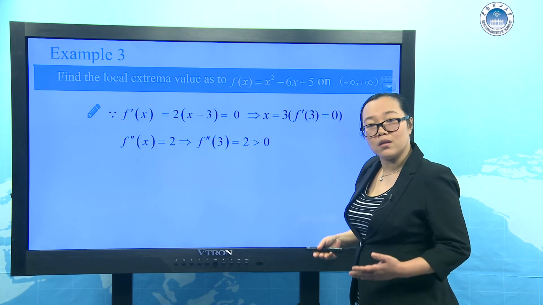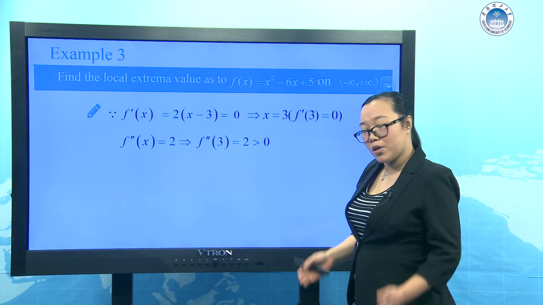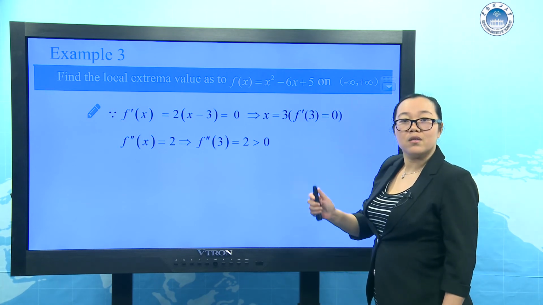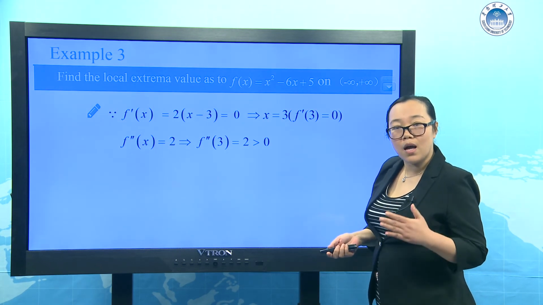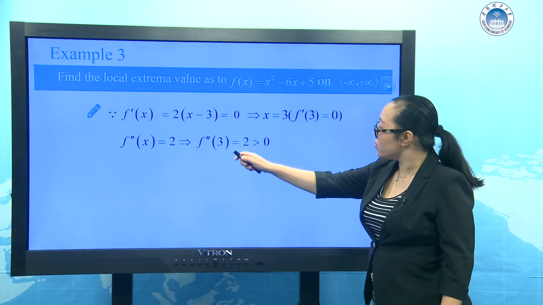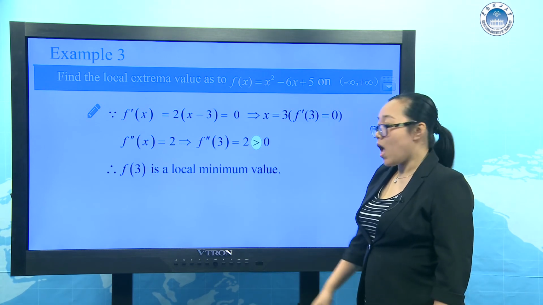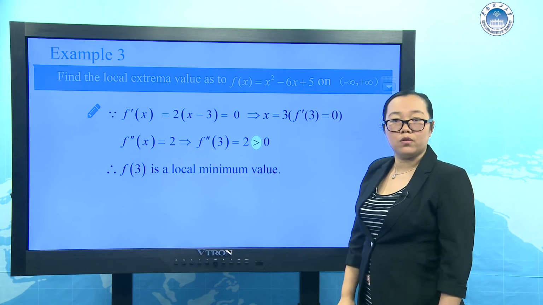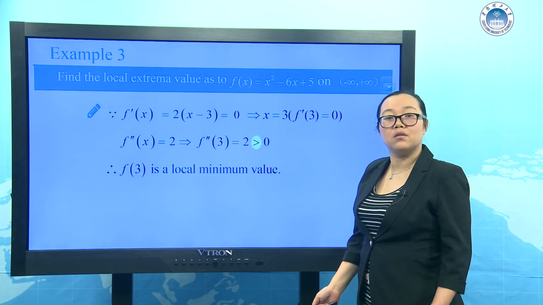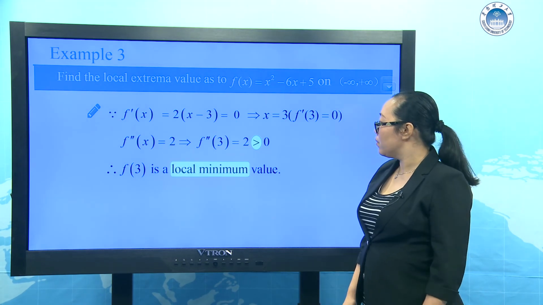Why do we select the point 3, not 30, not 300? Because 3 is our stationary point. We should consider the sign of f double prime at point 3. Greater than 0 means f of 3 is our local minimum value. So our conclusion is f of 3 is a local minimum value.